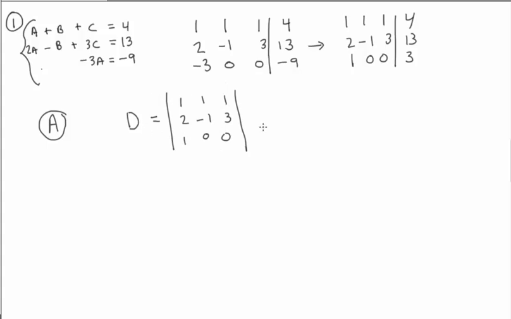Now you have to remember how to do a 3 by 3 determinant. So we take this value here and in our mind cross these out. So this is going to equal 1 times a new determinant, negative 1, 3, 0, 0. Next, I have this value of a 1. And if you recall, it goes plus, minus, or as is opposite.